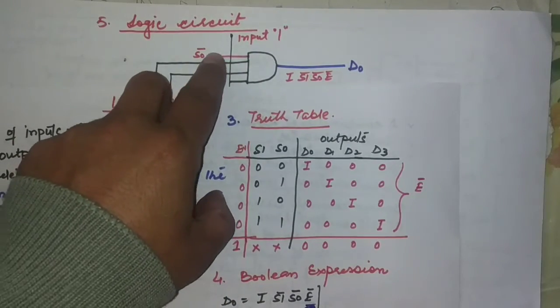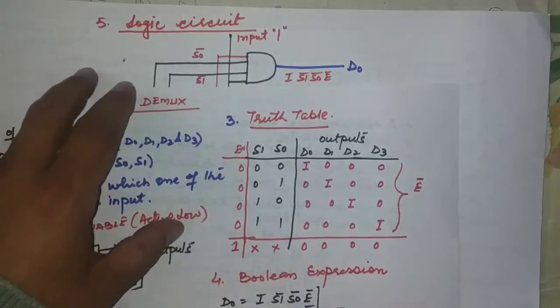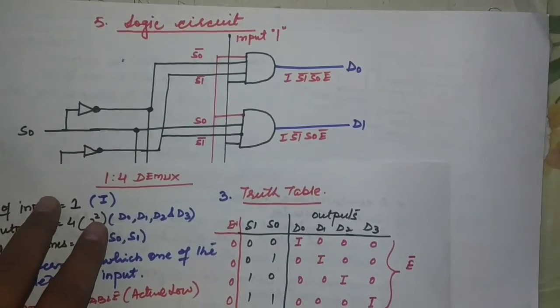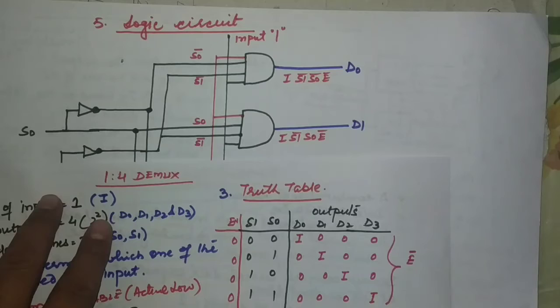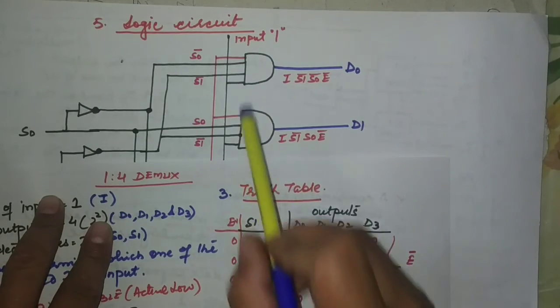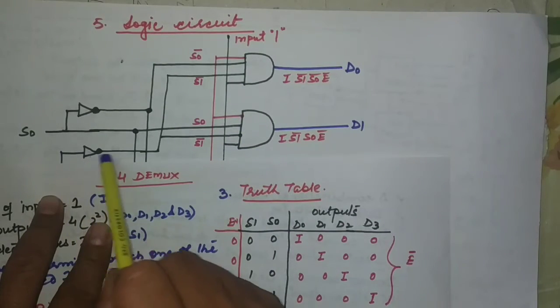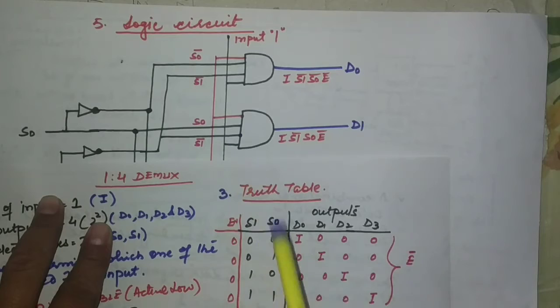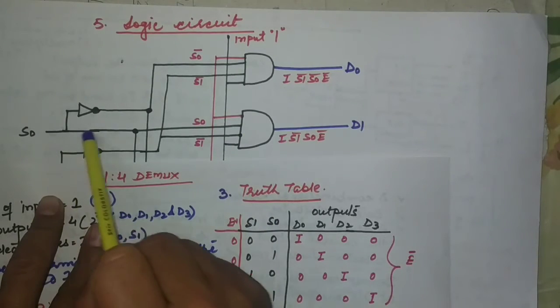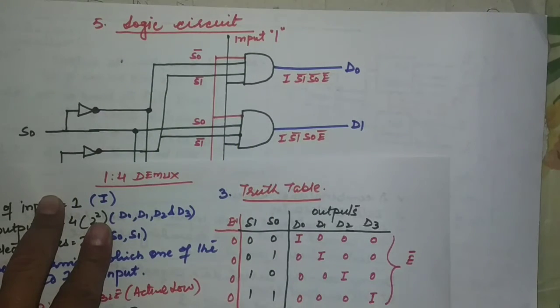This red line is enable. You can check D1 also: I, S1 complement, S0 direct, and enable.